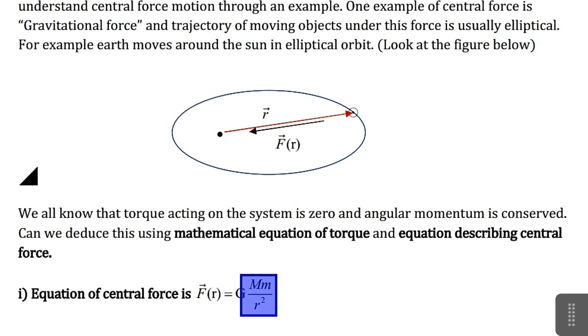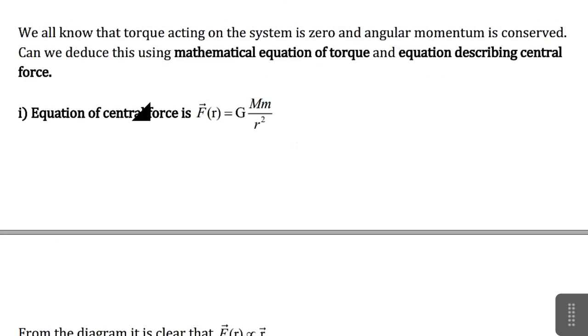Flux is electric field lines per unit area, so the flux decreases as we go to bigger spheres, and the decrease goes like r square. You will understand this later on when you study electrodynamics. So we are discussing central forces in 3D.